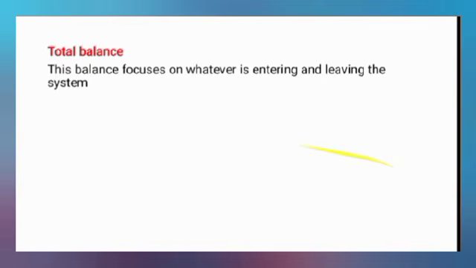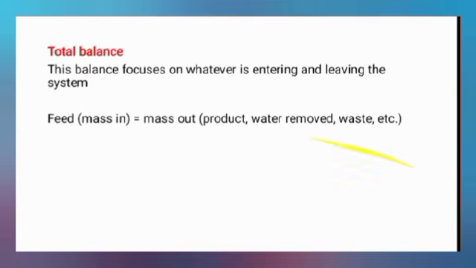So when we talk about total balance, this particular balance is going to focus on whatever is entering the system and whatever is leaving the system. As I said from the rule given, mass in is equal to our mass out. So if the mass in is our feed, that is the raw material, it should be equal to the mass out.